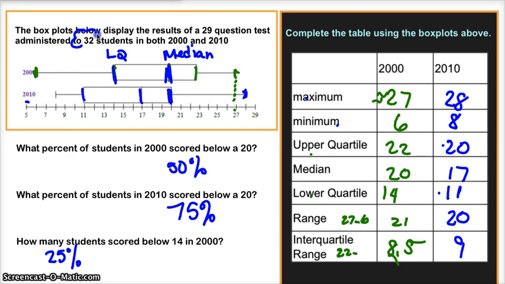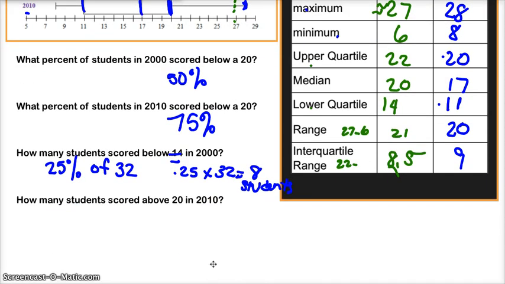Oh, it tells us right here that 32 students took the test. So 25% of the 32 scored below a 14. So 25% of 32 means multiplication. It looks like 8 students scored below a 14.